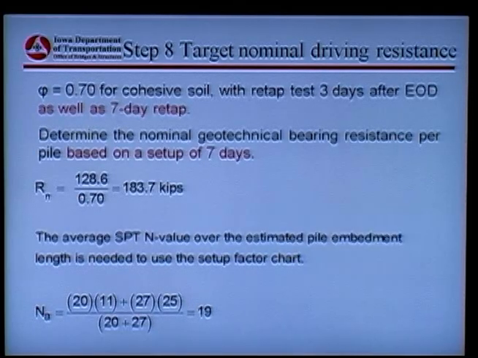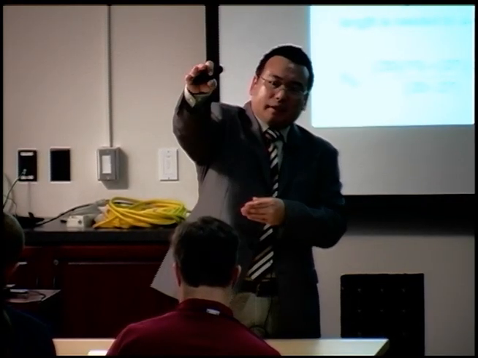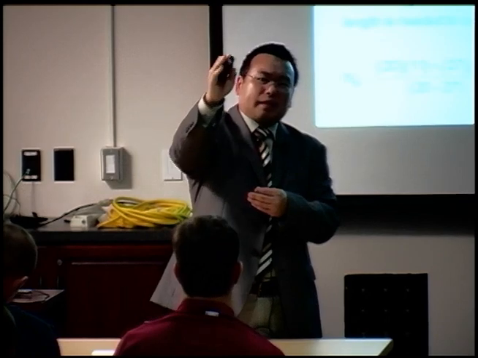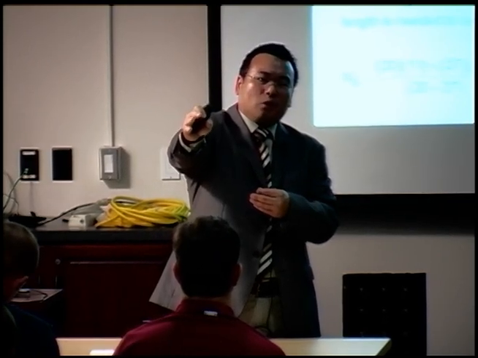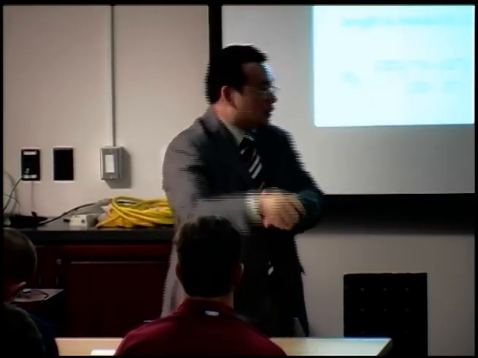And why I say 7 days, but all the while, we consider the setup or gain in resistance up to 7 days. We want to take advantage of the setup up to 7 days. Right? Although we retap in 3 days, we want to make a maximum up to 7 days.